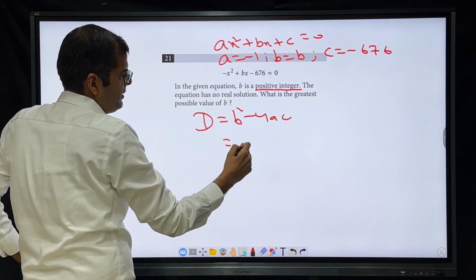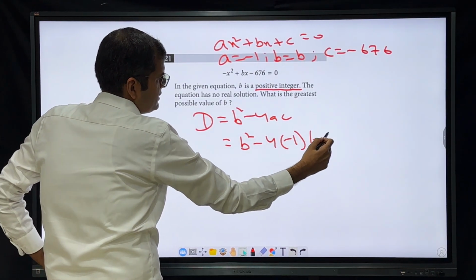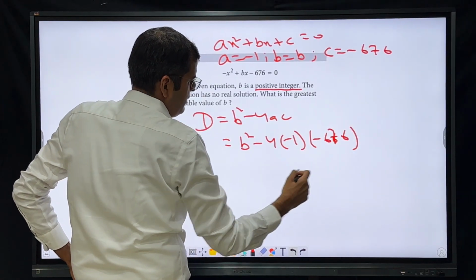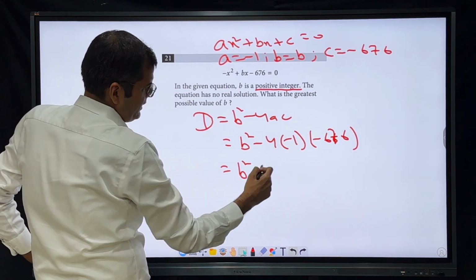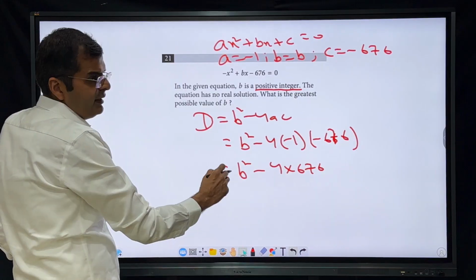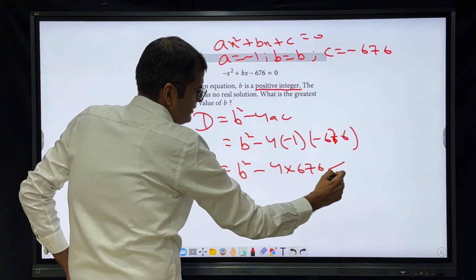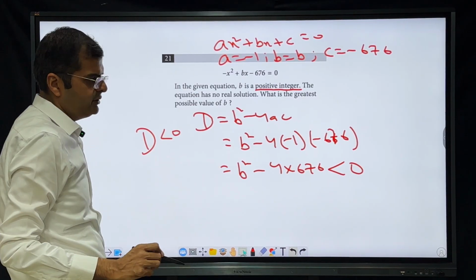Putting in the value, it will be b square minus 4 into a is minus 1 and c is minus 676. So it is b square minus 4 into 676, and this is less than 0 because discriminant is less than 0 in the no solution scenario.